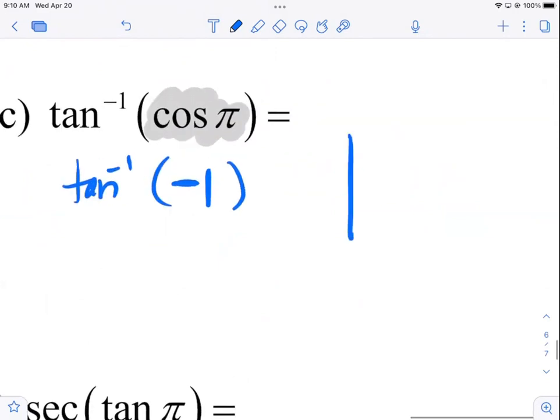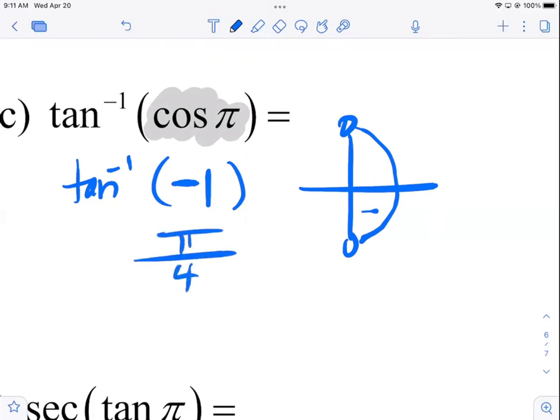Ooh, what's the PVR for inverse tangent? Half moon. But remember, you're not allowed to use pi halves or negative pi halves. Okay. But because it's a negative ratio, it should be in quadrant 4. And what's the reference angle where tangent is 1 or -1? Pi fourths. Okay.